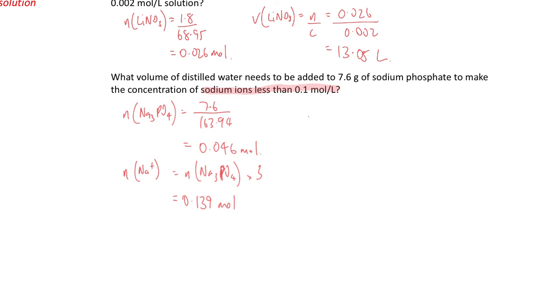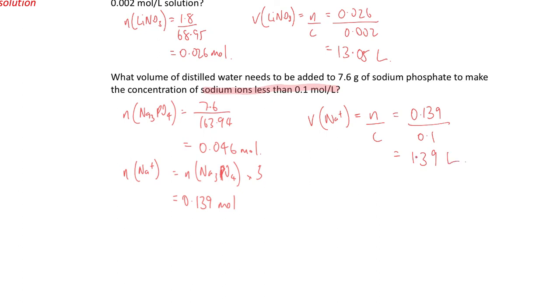So I want the volume then of Na+ to be equal to n on c. All right, and that will get me to 0.1 mole per liter, so 0.139 over 0.1, which happens to be 1.39 effectively. All right, liters.